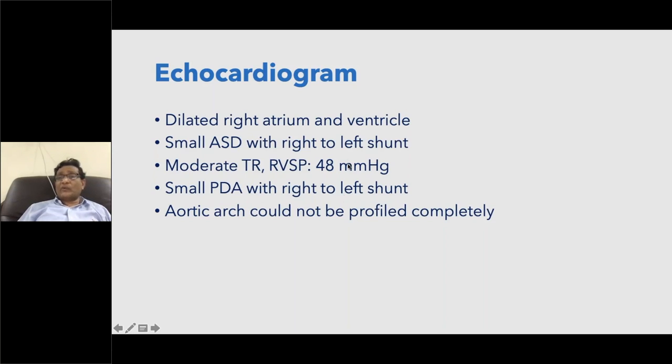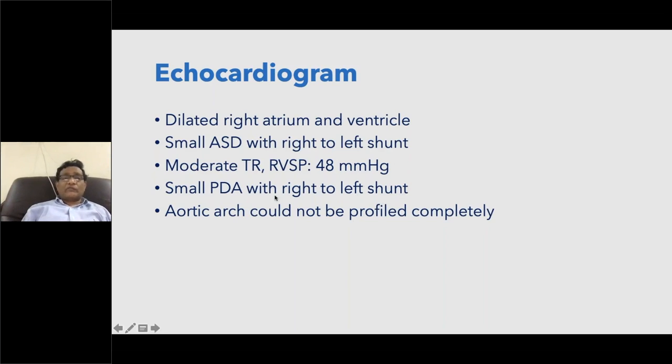So when you have a right ventricular systolic pressure of 48, some adult cardiologists may tell you it's a moderate PAH. But if you analyze this echo, right to left shunt across the foramen and across the ductus arteriosus is always called suprasystemic right ventricular pressure, suprasystemic pulmonary artery pressure.